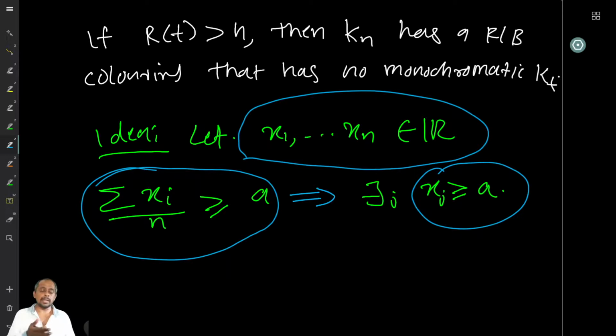Because if every xi is strictly less than a, then the average will also be strictly less than a. So without knowing any of the numbers, from the average we can say that there is at least one number larger than or equal to the average, or one number less than or equal to the average, etc. So here the average is greater than or equal to a. Therefore, I know that one of the elements is at least a.